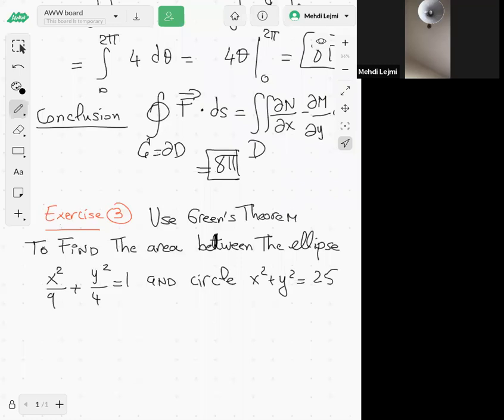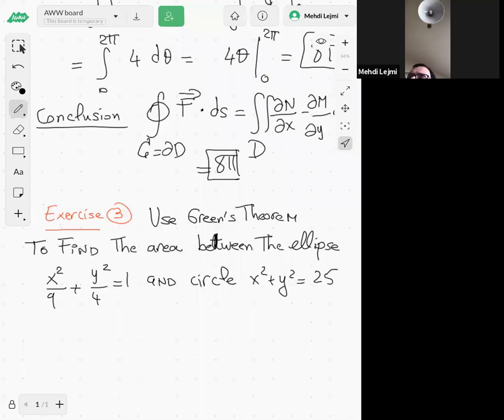I think there might be a similar problem in the homework. Let me see. No, I don't think there is a similar problem in the homework. In the homework, you don't have to find the area of some region using Green's theorem.